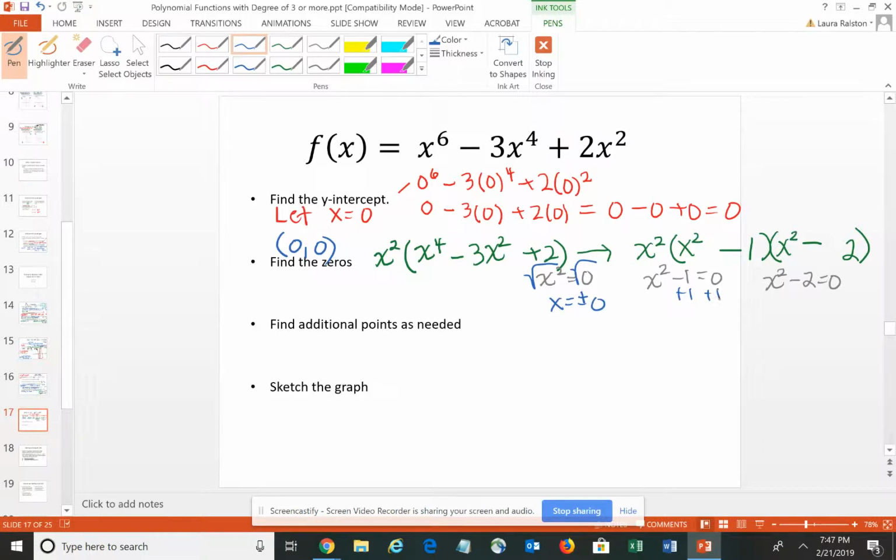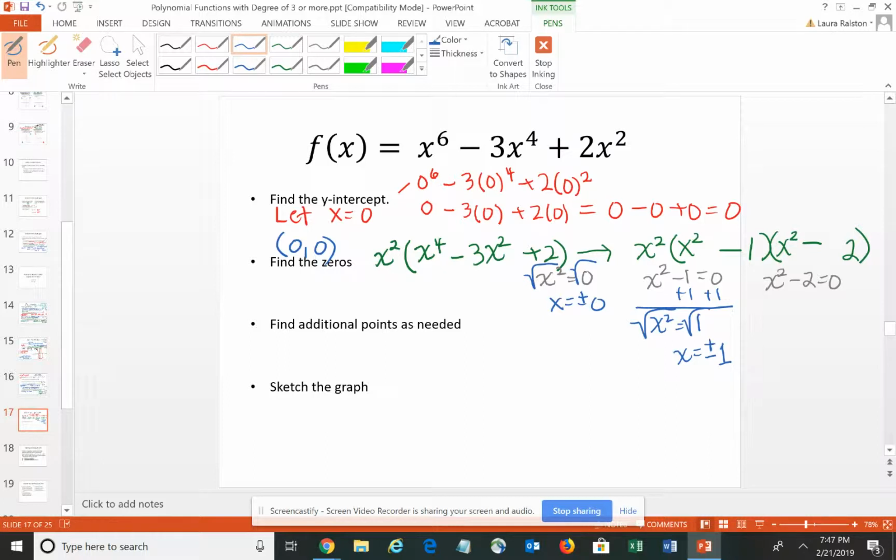Add 1 to each side, and I get x squared equals 1. And then I'm going to square root both sides. So I have x equals positive or negative 1.